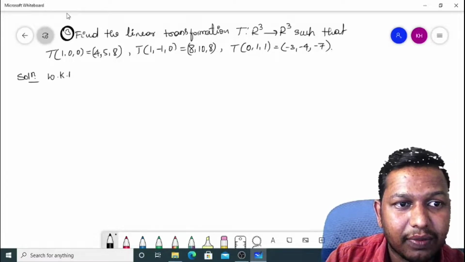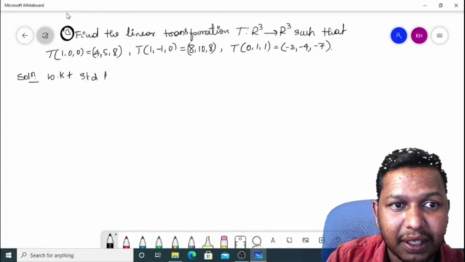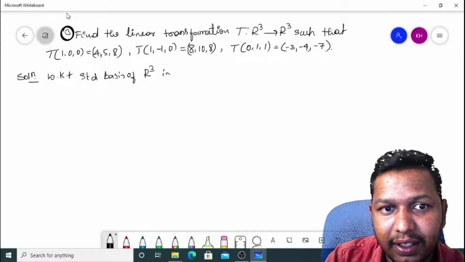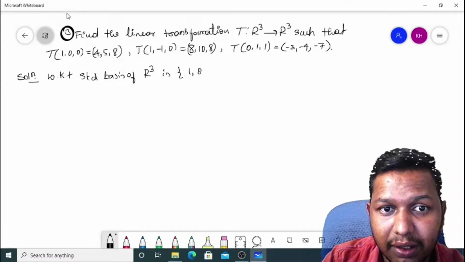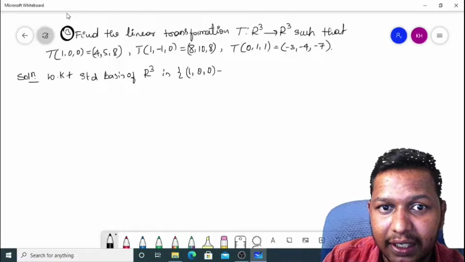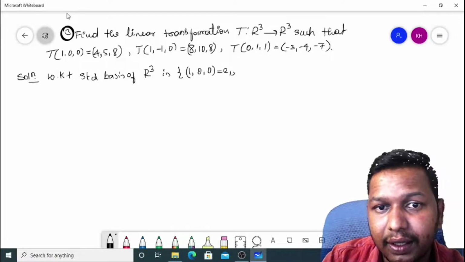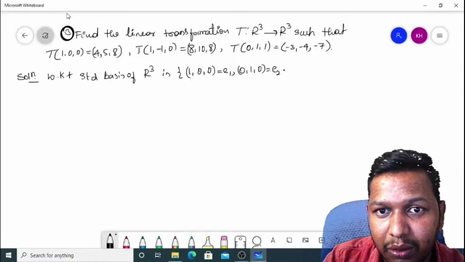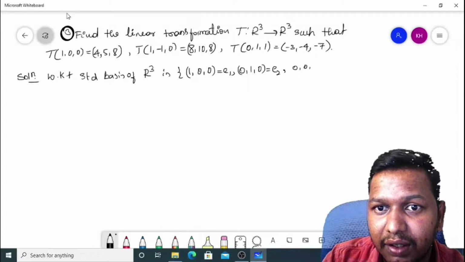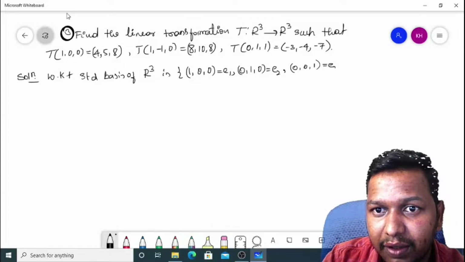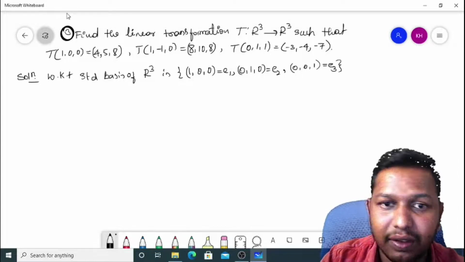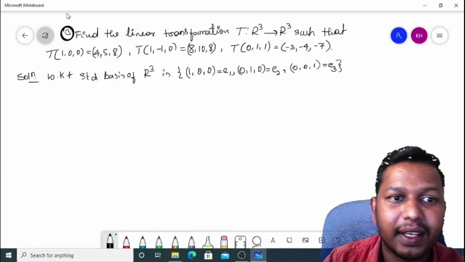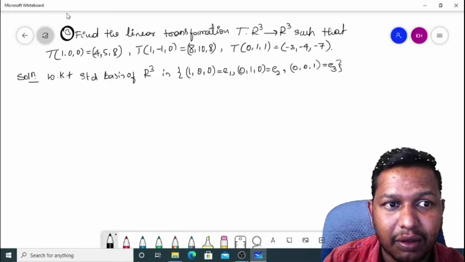We know that the standard basis of R3 is the set (1, 0, 0), which I take as E1, (0, 1, 0), which is E2, and (0, 0, 1), which is E3. So the first basis vector is E1, the second is E2, and the third is E3. Next, come to the solution.